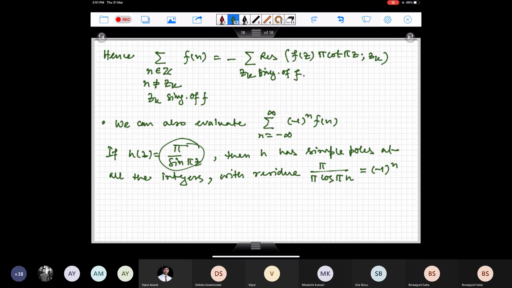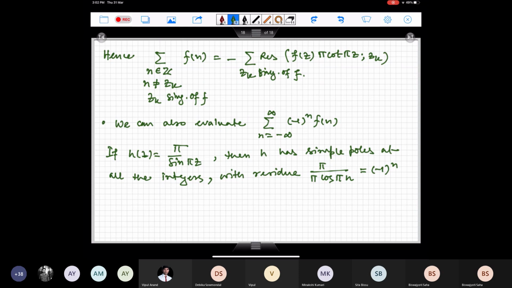I think cot square plus 1 is equal to cosec square, right? So since cotangent is bounded, cosecant is bounded, and the same analysis that I have done is going to work exactly the same way, except that wherever I had cotangent, I'm just going to replace it by cosecant.